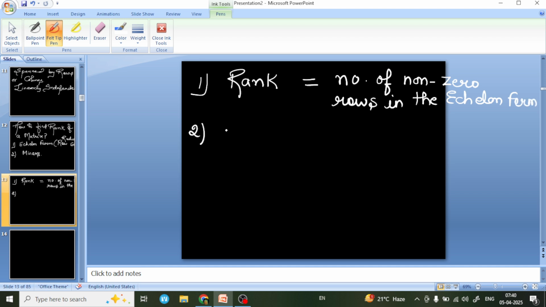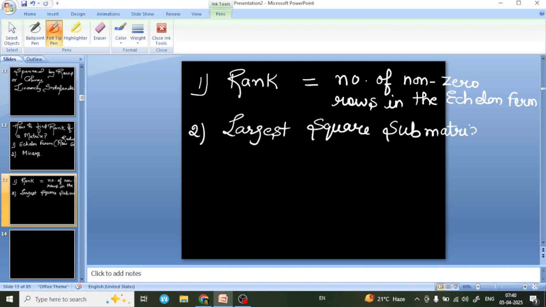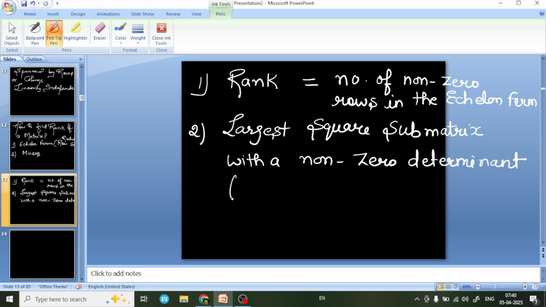In the second method, the rank can also be determined by finding the largest square submatrix with a non-zero determinant, which means a non-singular minor.